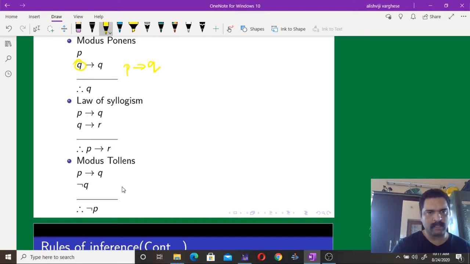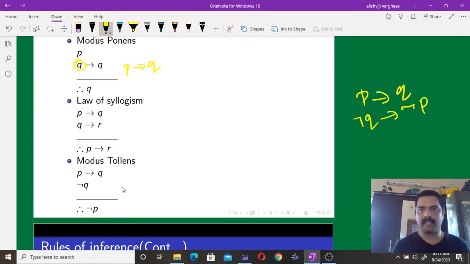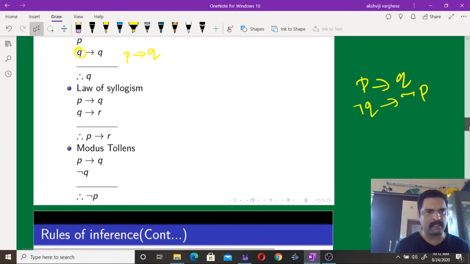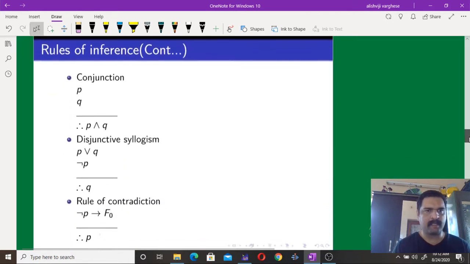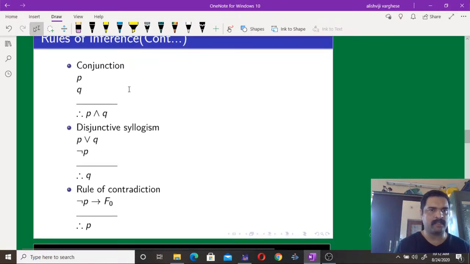So this can be combined with the argument that P implies Q and negation Q implies negation P are equivalent statements. Okay, anyway, that is modus tollens, and then conjunction: if P and Q are true separately, then P and Q is true.